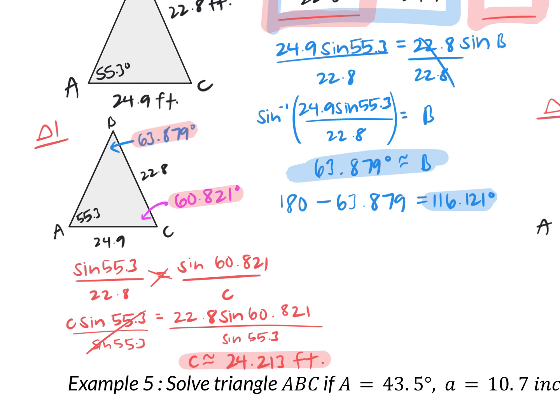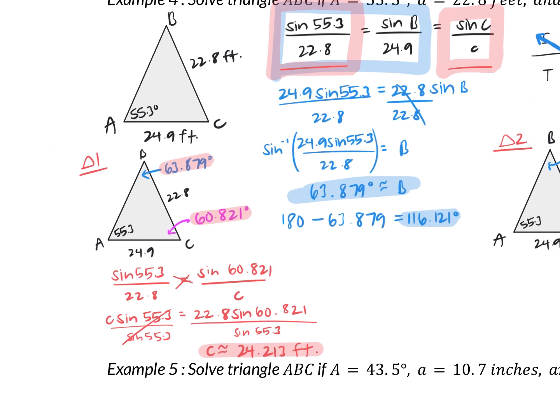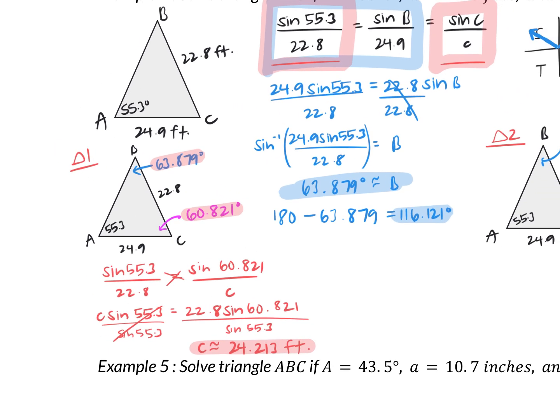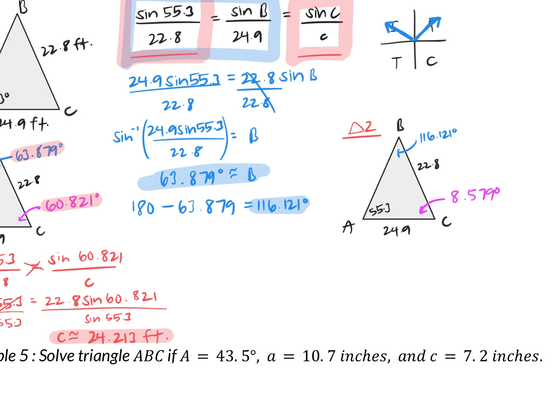Triangle 2 is going to obviously give me a different C value for my side length because my angle measure is different for angle C. So I'm going to set up my exact same proportion, except for instead of it being sine of 60 on top, it's going to be sine of 8 on top.